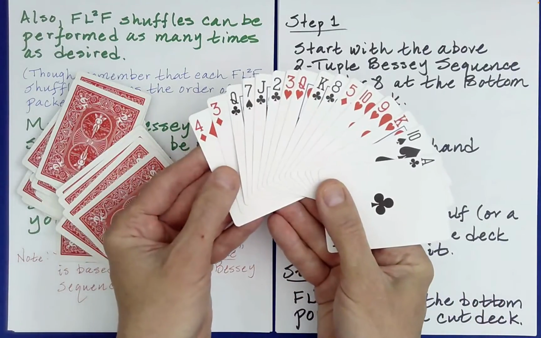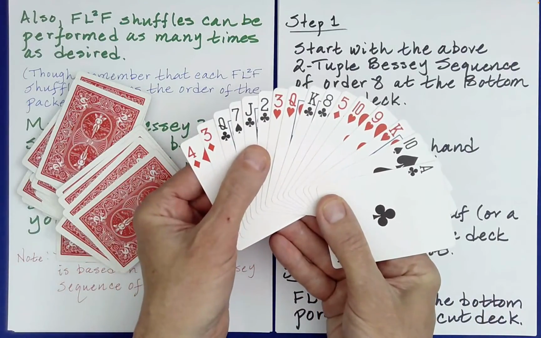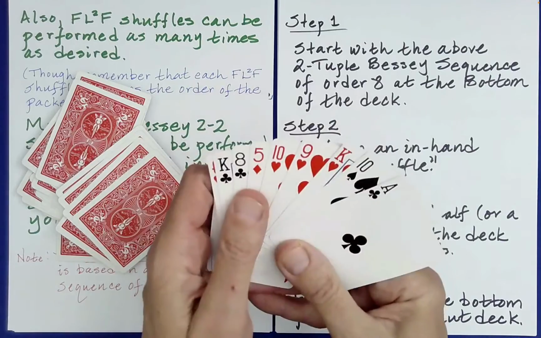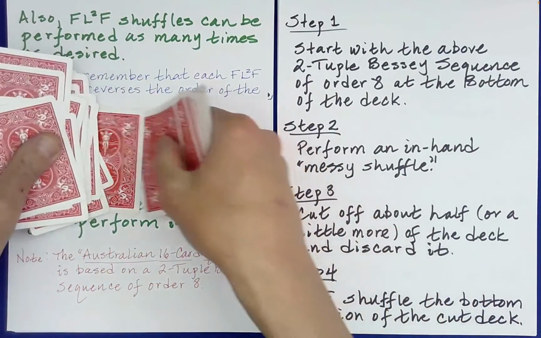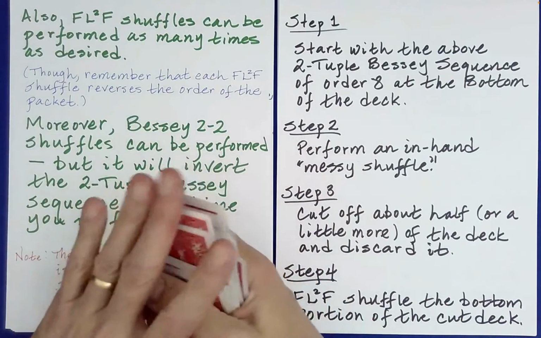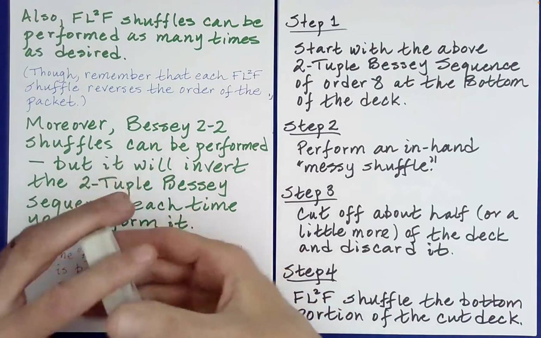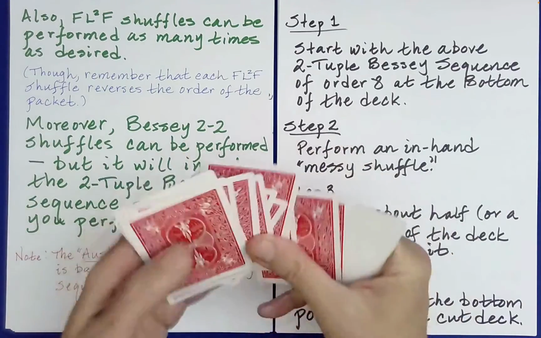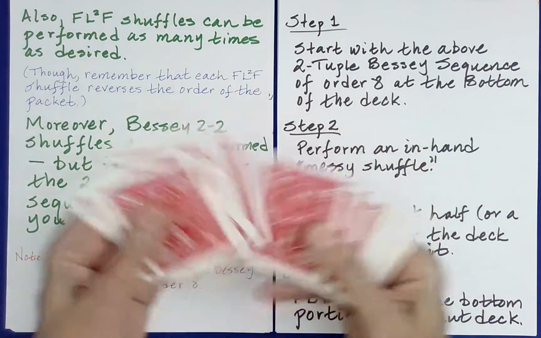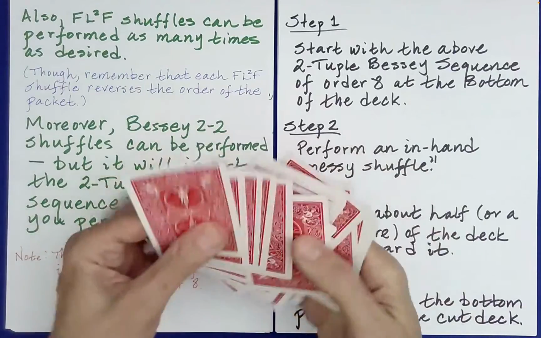Let's make sure we have a two-tuple Bessey sequence of order 8, and we do. We're back to where we need to be. So just be careful that as you get down to the bottom 4th or 3rd-ish of the deck, you just put that back at the bottom. Okay, so here.